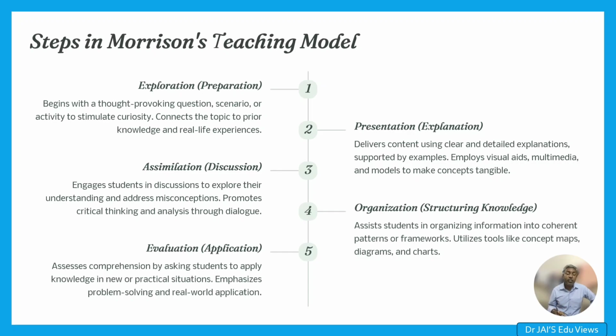For example, a simple experiment to test the gravitational pull with different materials. Usually gravitational force happens with all materials in different forces. We have to test it with that. So these are some of the important steps of the Morrison teaching model to clearly understand the concept.